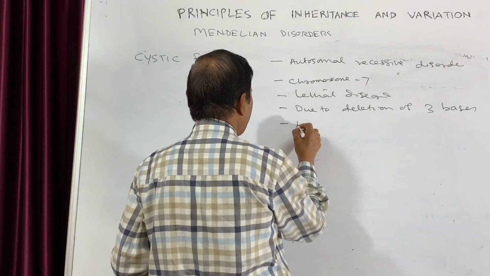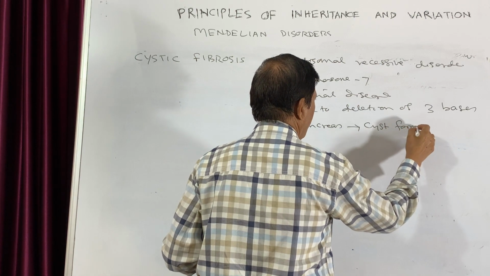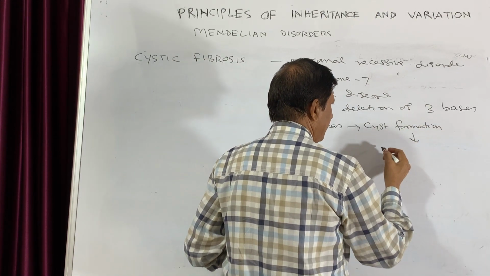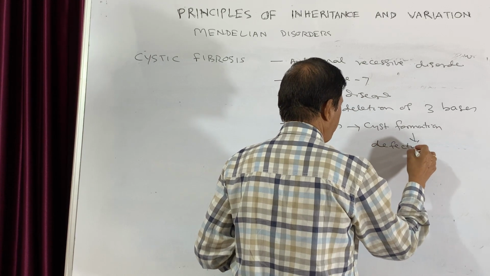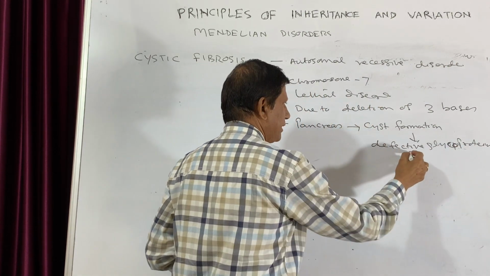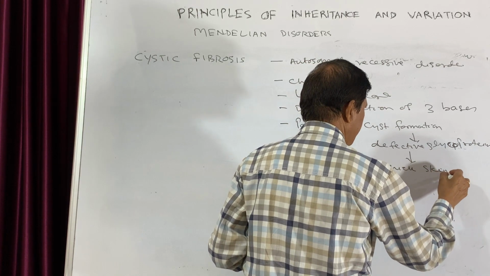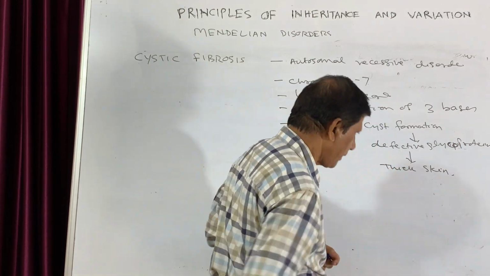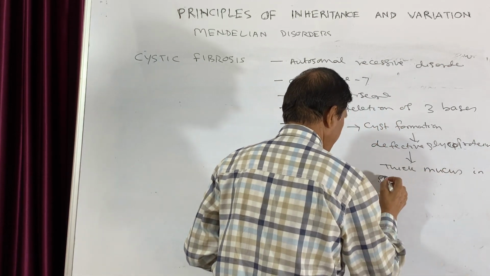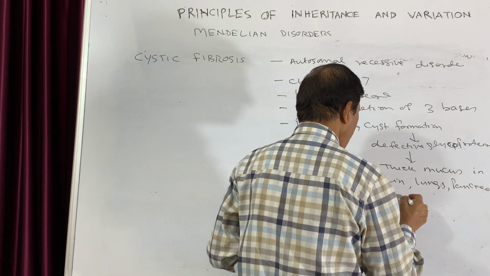Usually in the pancreas there is cyst formation, and there is a defective glycoprotein, and this defective glycoprotein ultimately leads to thick mucus in the skin, lungs, pancreas, and also the liver.